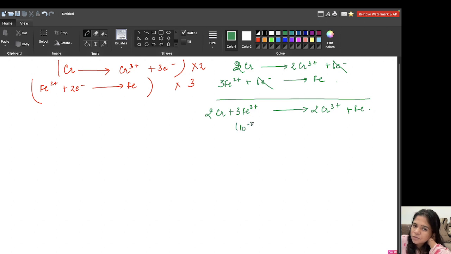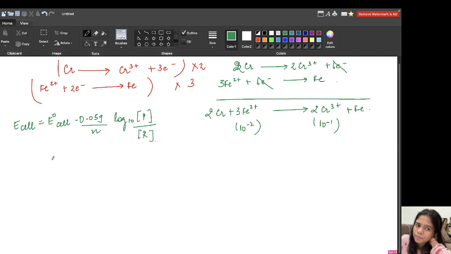This concentration was 10 to the power minus 2, and here the concentration was 10 to the power minus 1. How do we find the E of cell? E of cell is equal to E naught of cell minus 0.059 by n log base 10 of the concentration of product upon concentration of reactant.